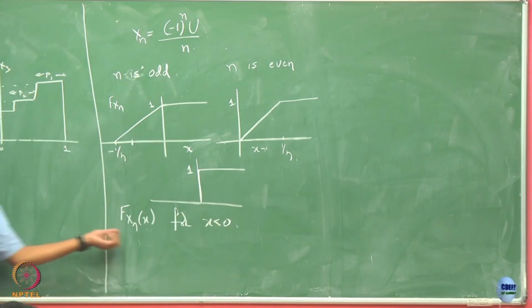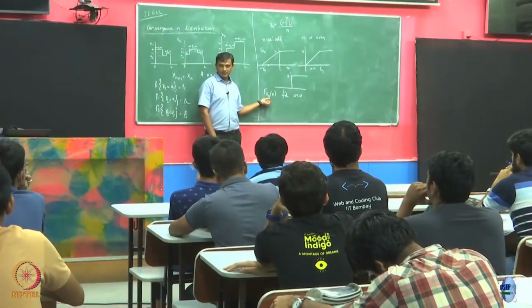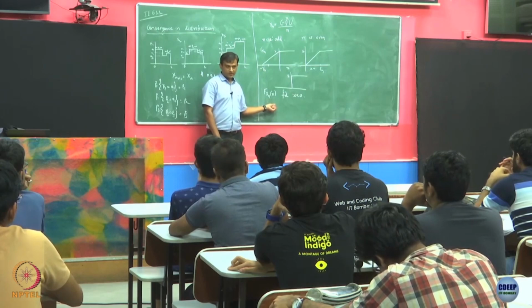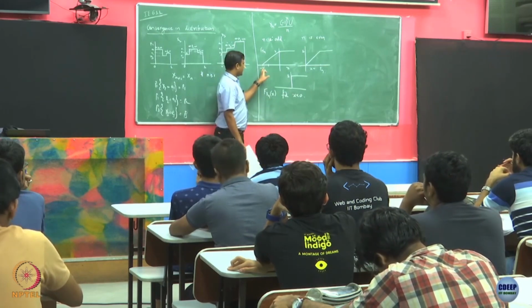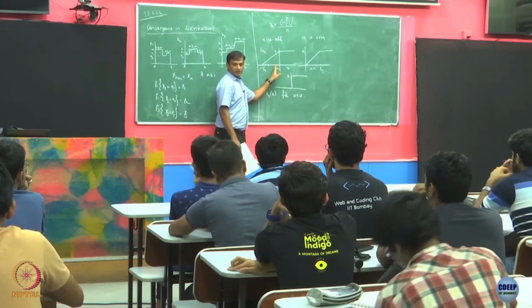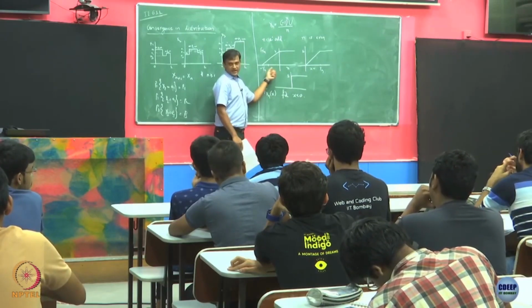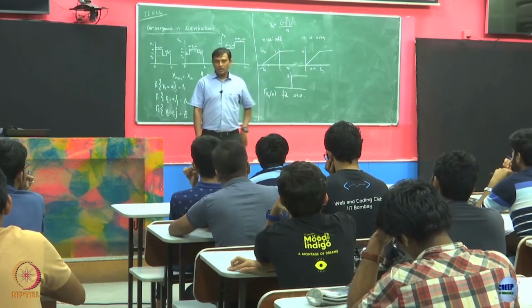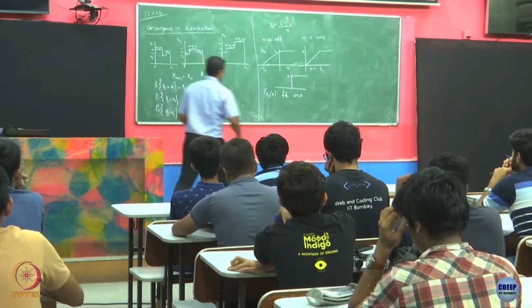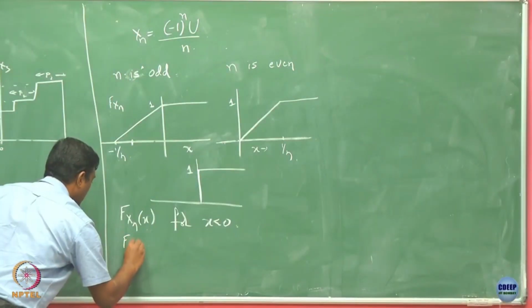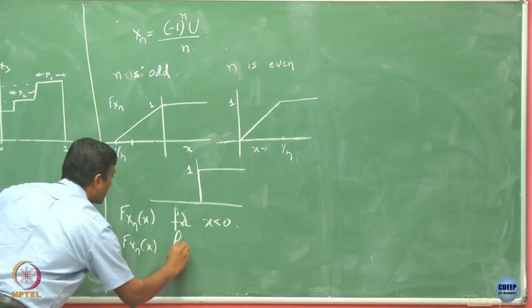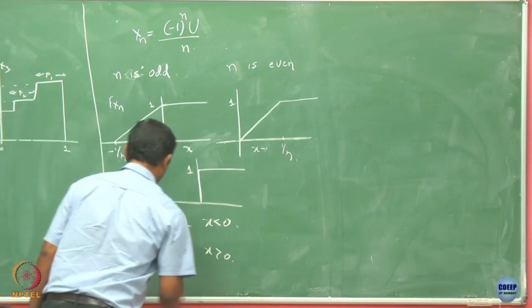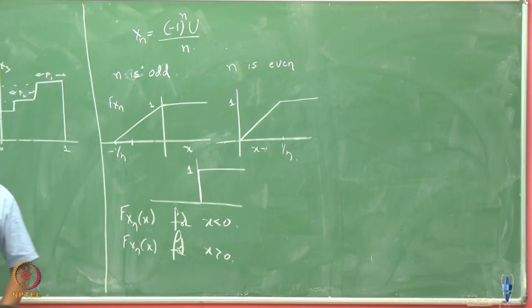If I let n go to infinity, what will this value converge to? It is going to converge to 0, right? Because this guy will keep shifting to the right side, and at some point whatever x you have here, it is going to go beyond that, and it is always 0, and this guy is anyway 0 for x less than 0. Now if you look at F_Xn of x for x greater than 0, what is going to happen? It is going to be 1, right? So this sequence converges to 1.